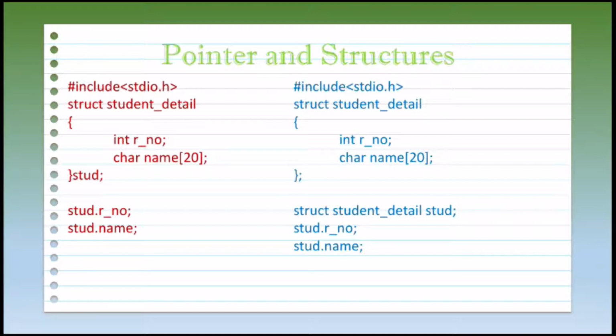So now we will see how we can use pointer in the structure. So this is the example for that. So here again we have declared a structure data type with the same name, that is student detail, and then there are two members, that is R number and name.